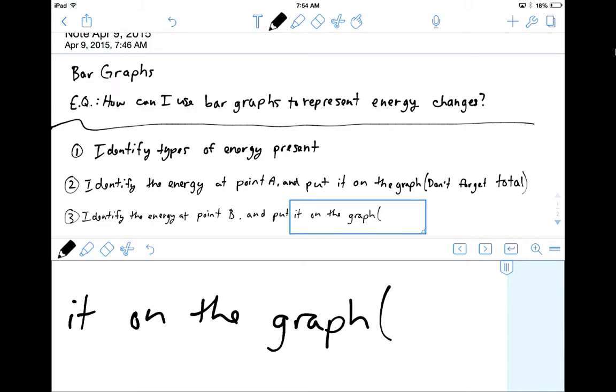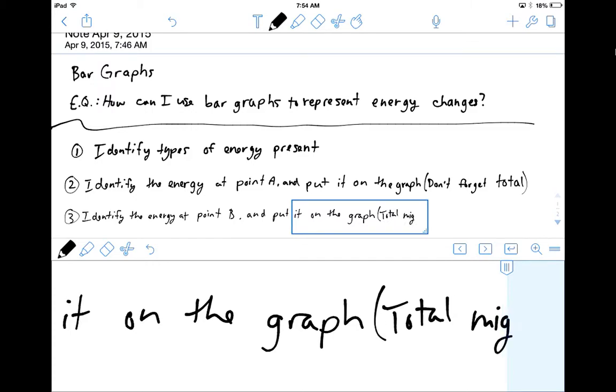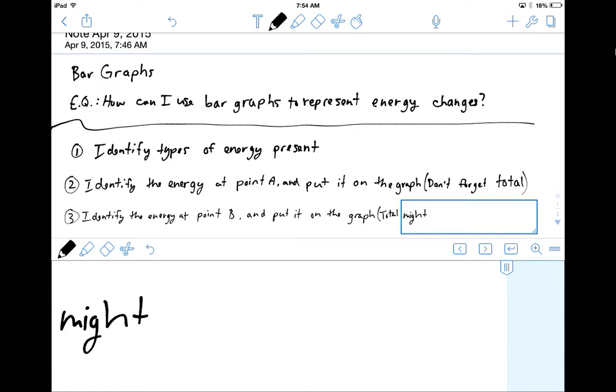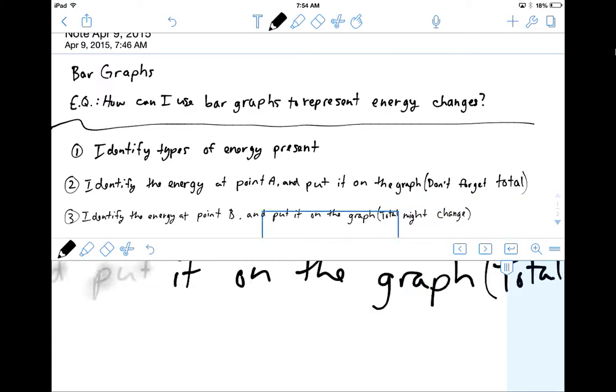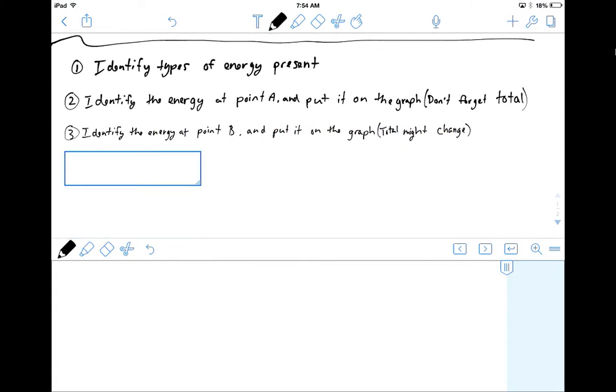And again, we're going to include the total, but the total might change. So the total does not have to be the same between point A and point B. Sometimes energy gets transferred into or out of the system.